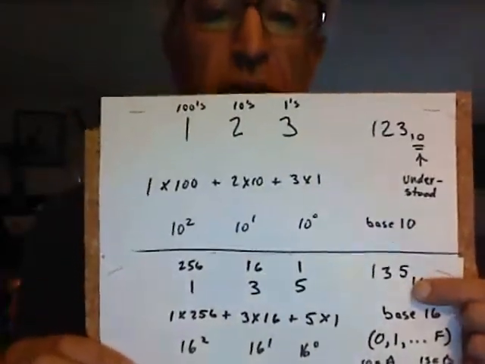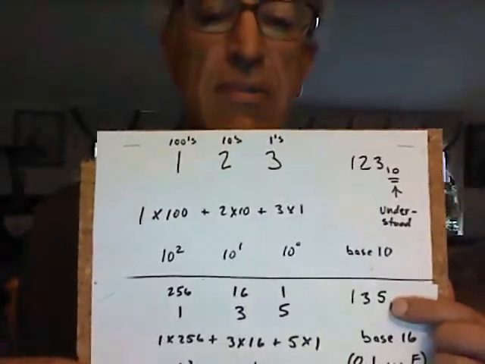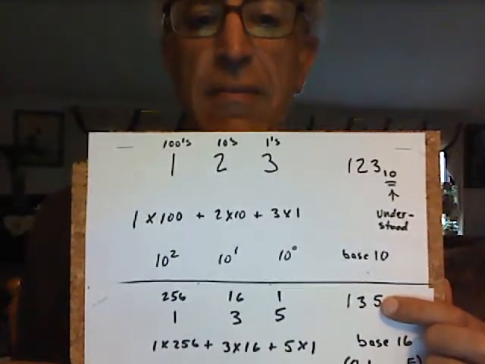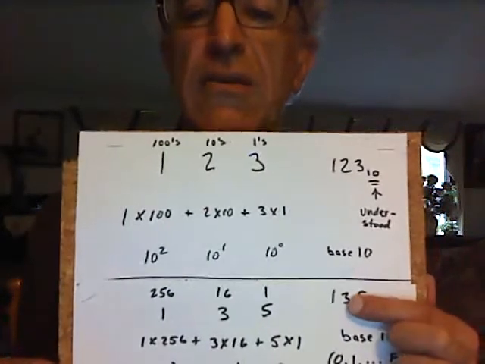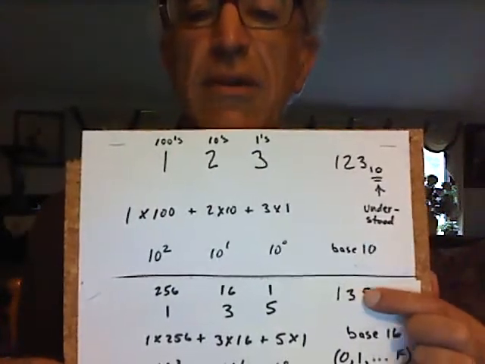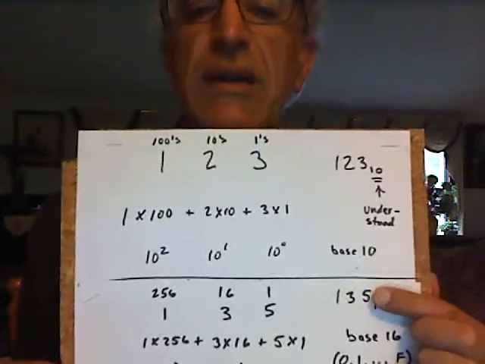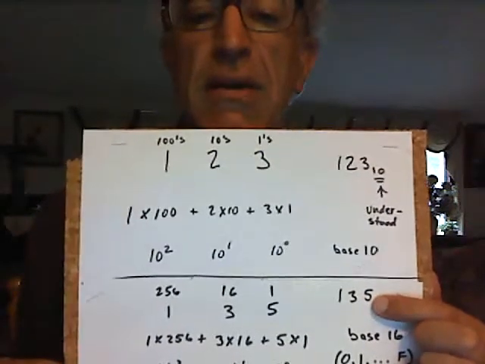Now, we need to know one other fact about base 16, and that is that you have to be able to count up to 15 in one place. Just like in base 10, we counted to 9 before we had to use the second place and write 1, 0. Here we have to count up to 15 in one place before we can write 1, 0, right?